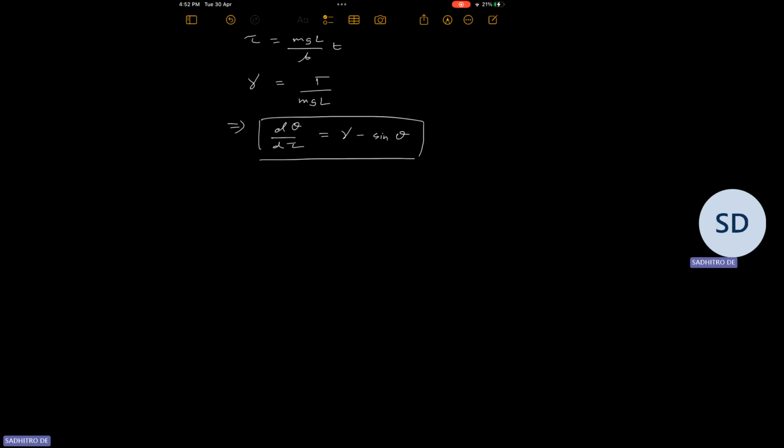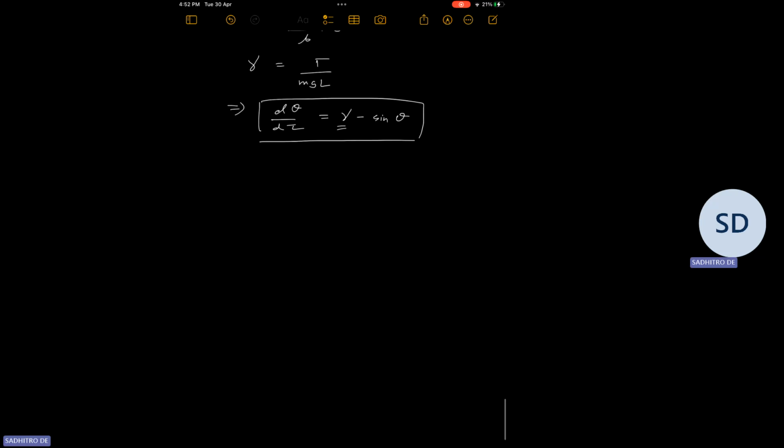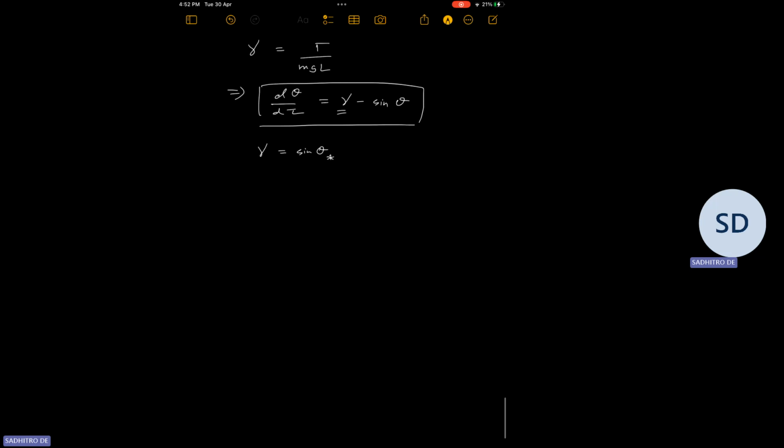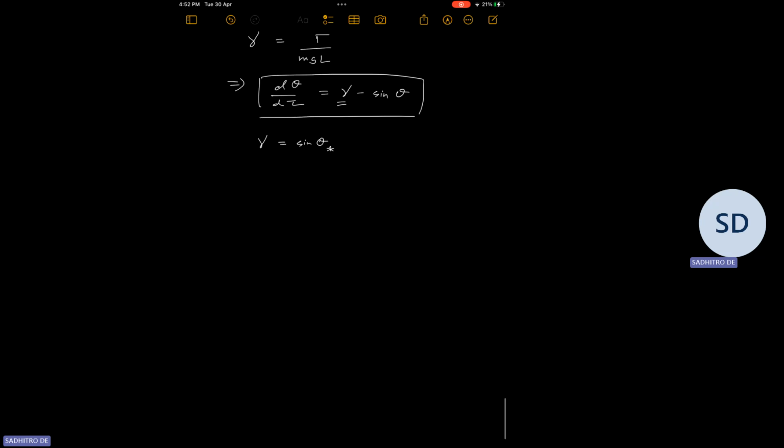So there can be two fixed points or no fixed points depending upon the value of the parameter gamma. The fixed point of this equation can exist only when gamma is equal to sine theta star. Now for this equation to hold, we should have mod gamma less than 1.